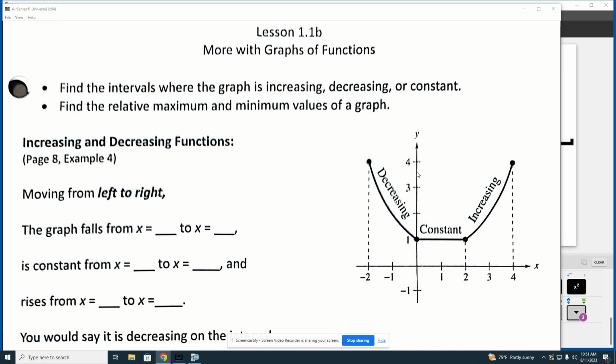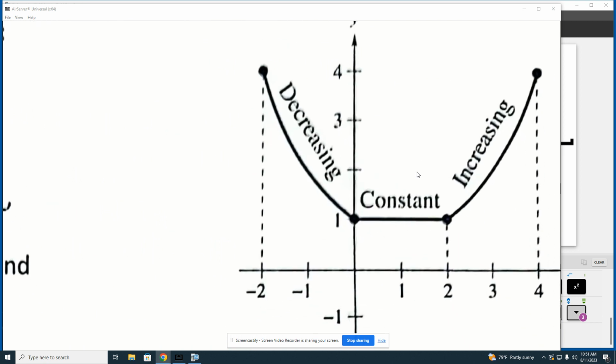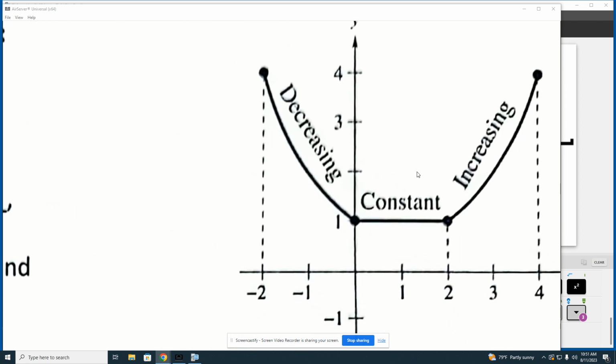Let me explain. Y'all see, because I know y'all done coordinates before, ordered pairs, right? Y'all see this point right here? What is that point? It's -2, 4, isn't it? But when I name the increasing or decreasing or constant interval, I'm not looking at the whole ordered pair. What is my focus? The x.